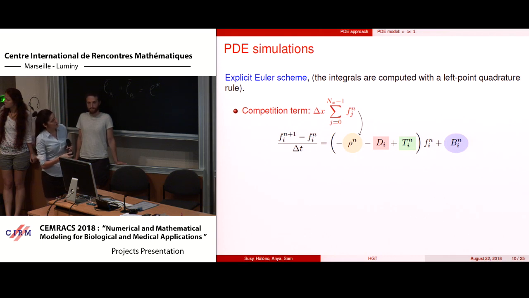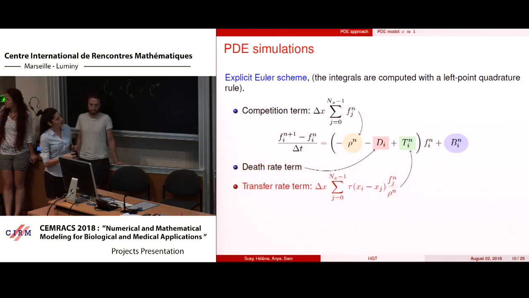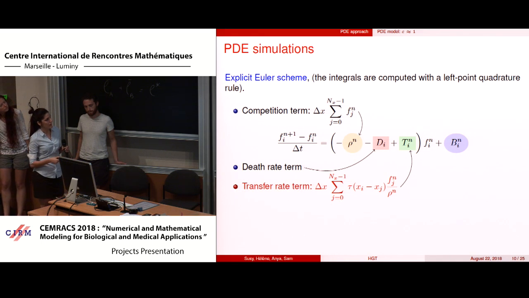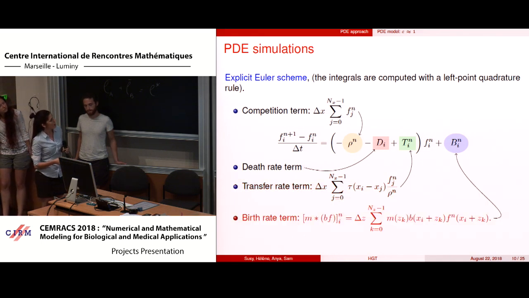We recall that the competition term is the total size of the population, which is also computed in an explicit way, and the transfer rate is the function tau multiplied by the sum of the function alpha applied to this fraction of total population with density.